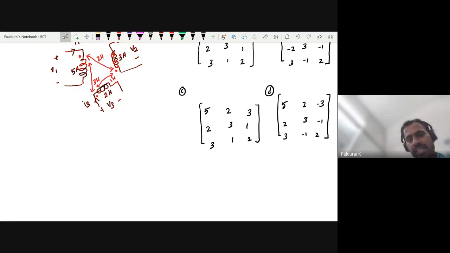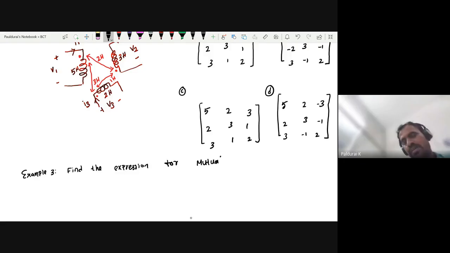So find the expression for example number 3. Please read the question carefully. It's very simple.